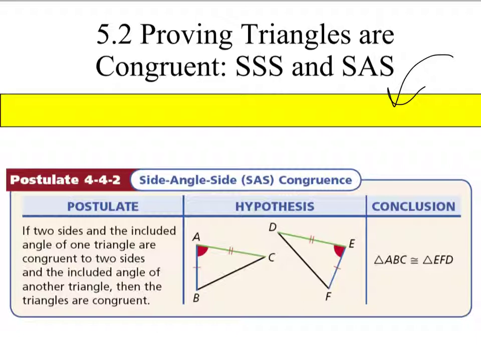The first property says if three sides are congruent to three sides of another triangle, they are congruent. This one says if two sides and the included angle are congruent, then the triangles are also congruent.